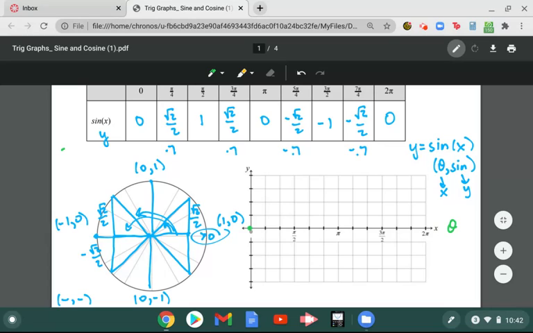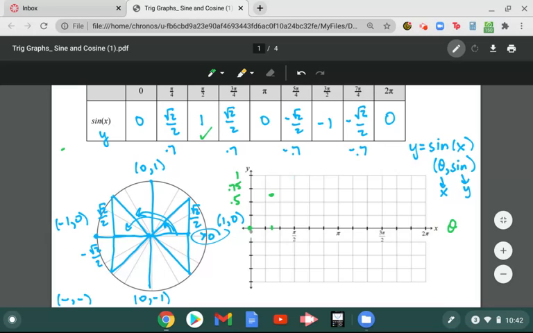Next, we are doing pi-fourths, which is going to be right here, and that's going to be at 0.7. So let's do this at 1, which means this guy is going to be 0.5 here. This is going to be 0.75. So that's going to be about right here. And then at pi-halves, we've got 1.